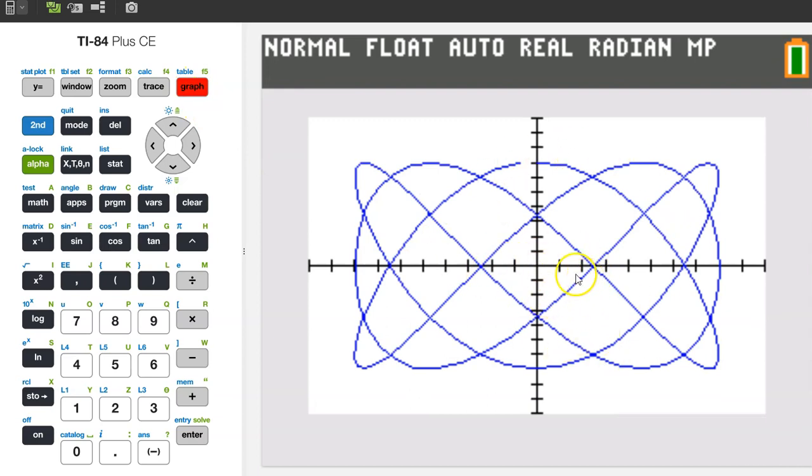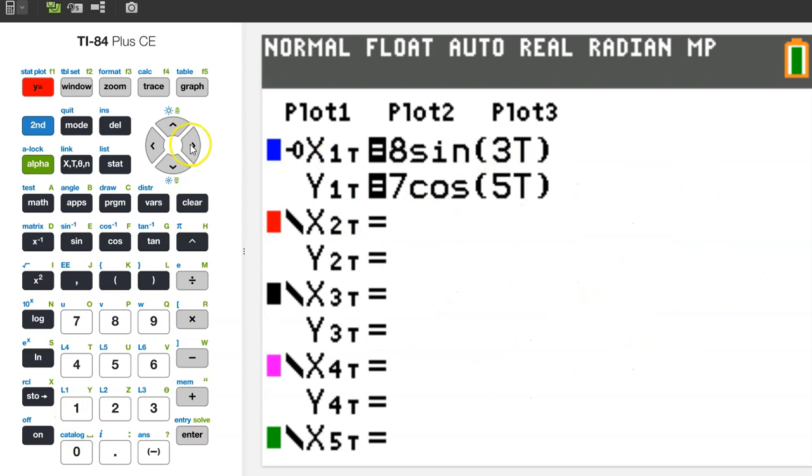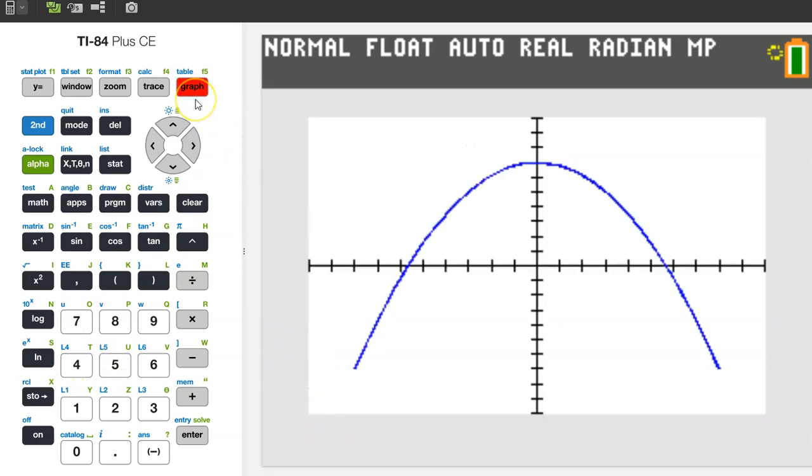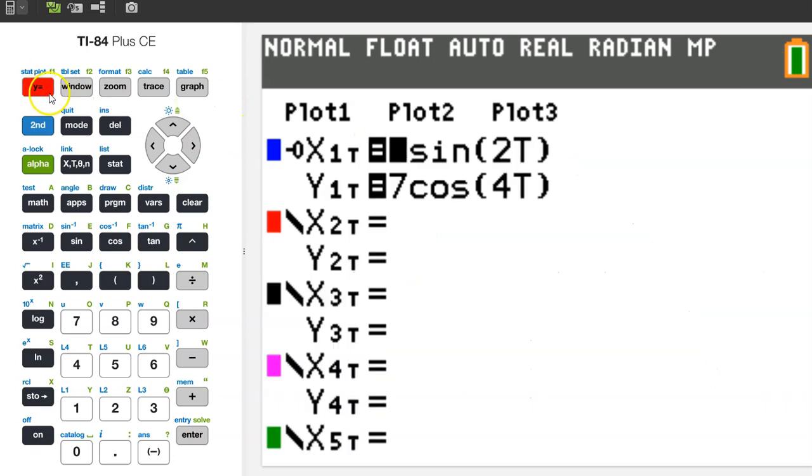I like that. Let's play around with the coefficients of t and see how that changes the graph. So let's make this a 2, and let's make this a 4. See if that has any effect. Wow, that had a major effect on the graph. Okay, I'm going to put this back to a 3.